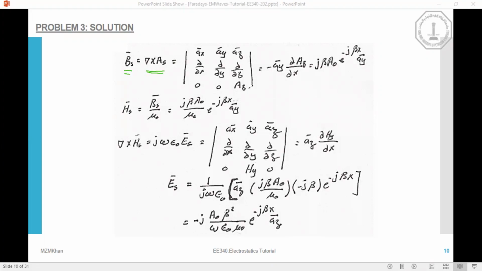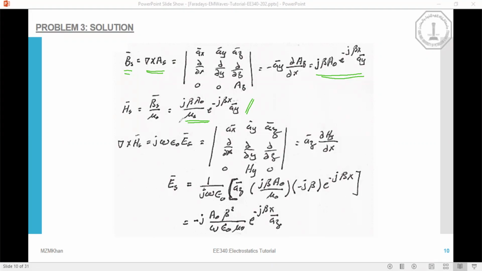I'm putting my A here, and then I'm getting my BS. So this is my BS: j beta A0 e power minus j beta x. Then HS. HS is BS over mu naught, because it is free space, air. This is given to us. So therefore, I got HS. This is my HS.